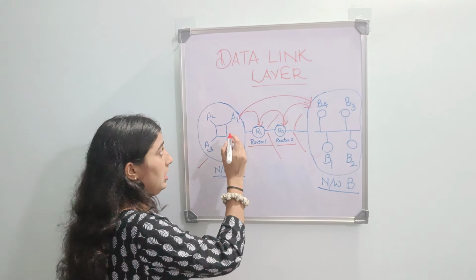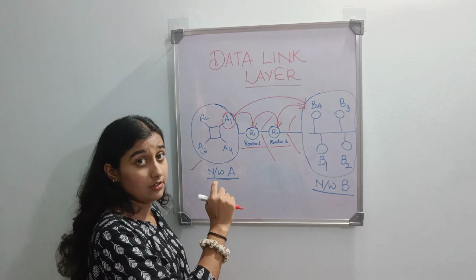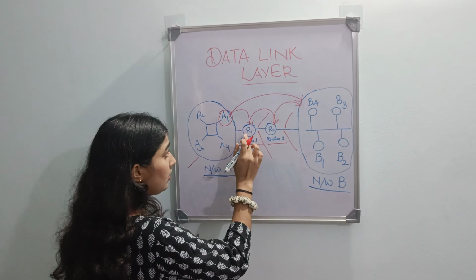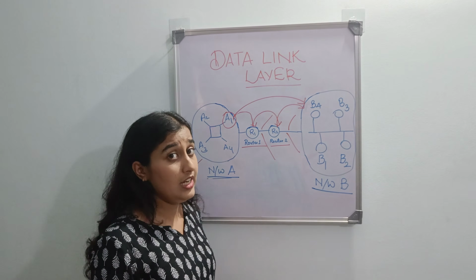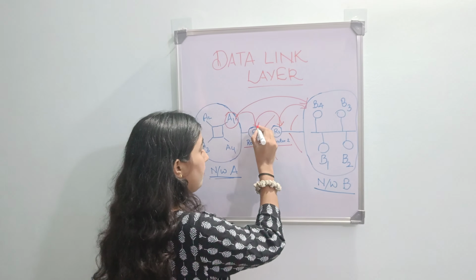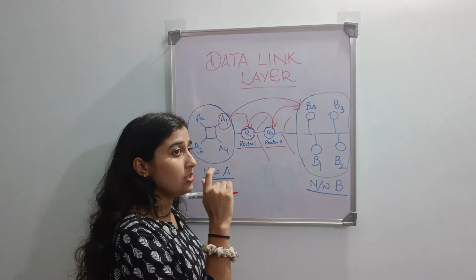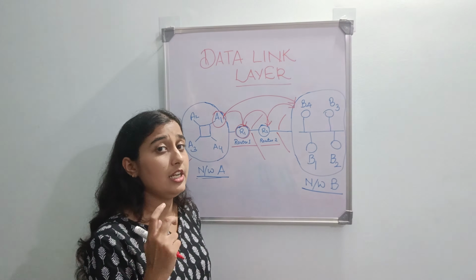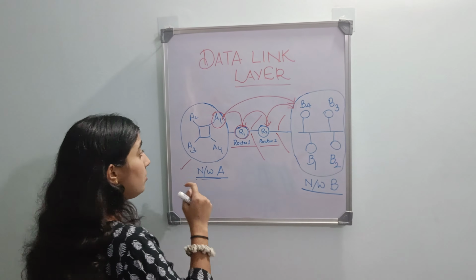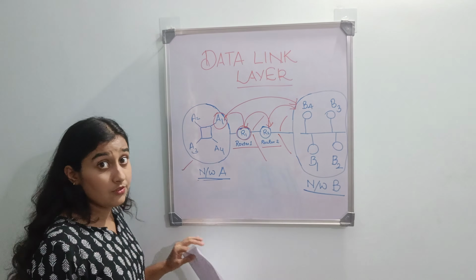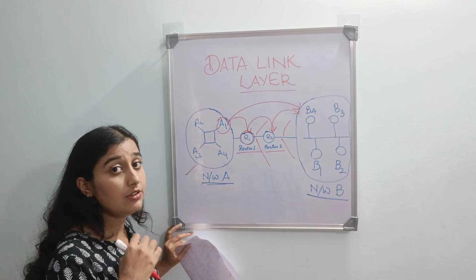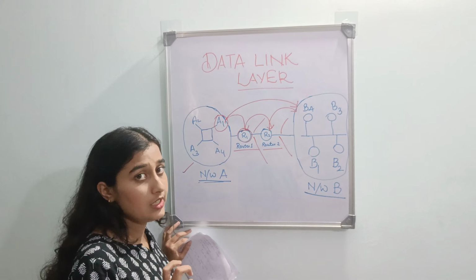If A1 is sending data to R1 at a very high speed and R1 is not capable of receiving data at that particular speed, there are some methods which help to control the flow or the speed.